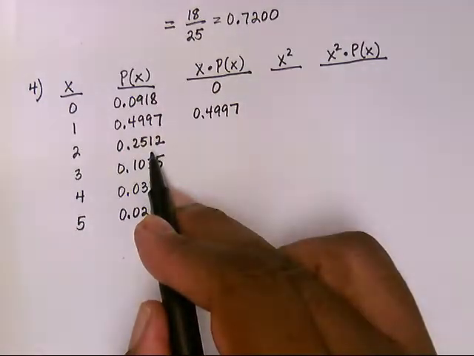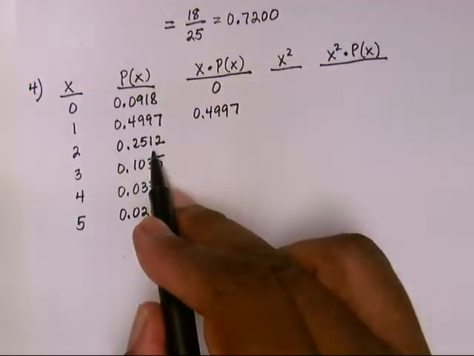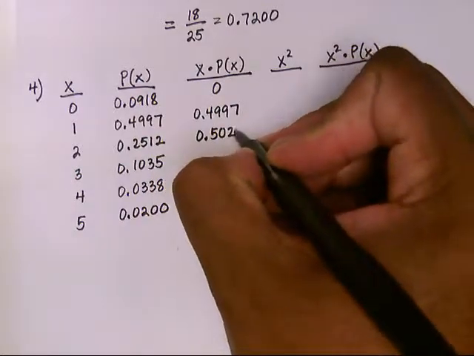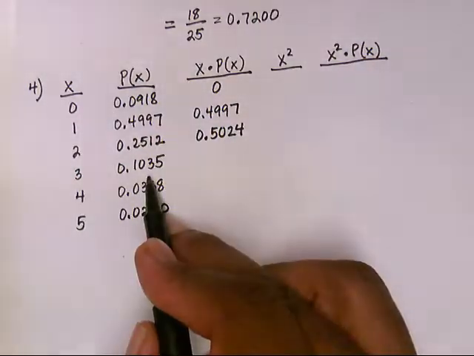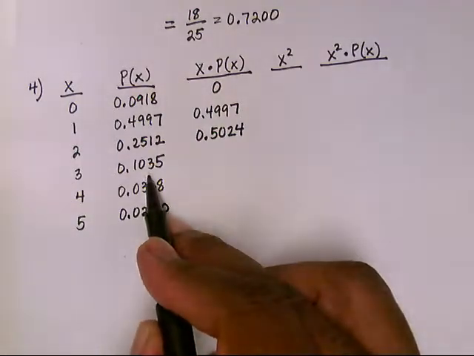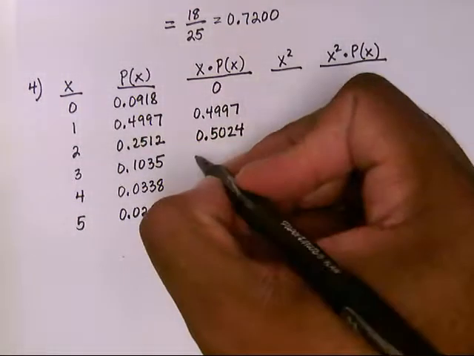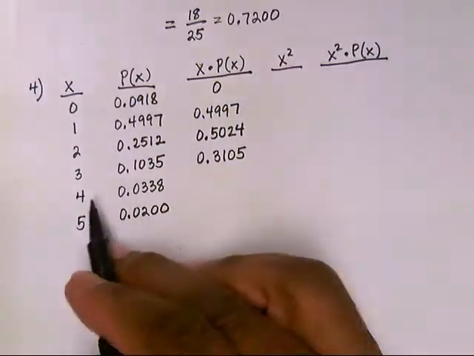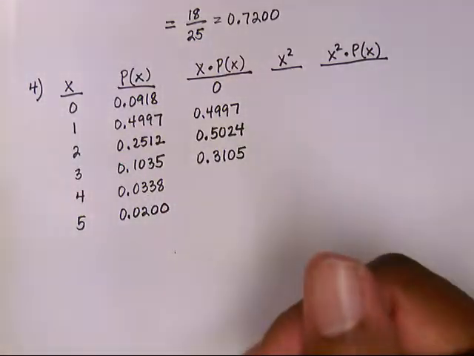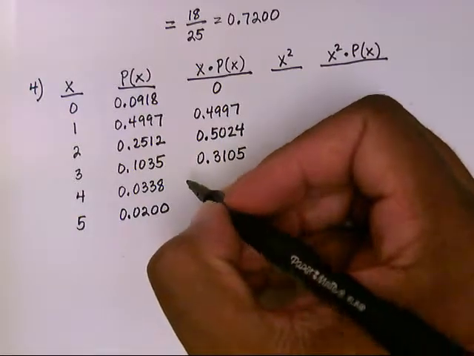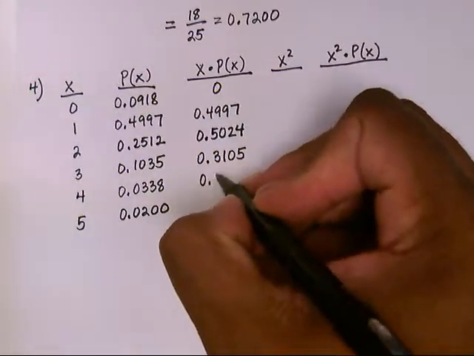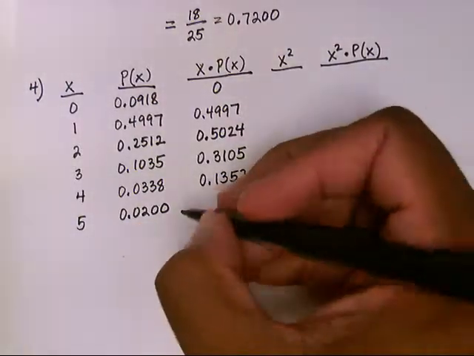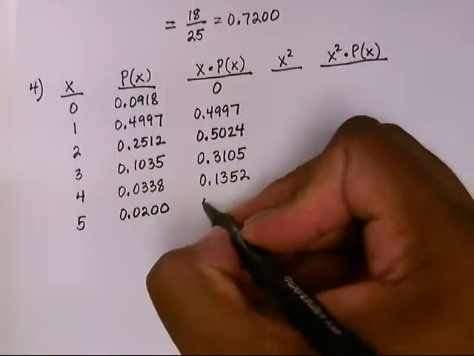And then 2 times 0.2512, that would be 0.5024. 3 times 0.1035 will be 0.3105. And then 4 times 0.0338 will be 0.1352. And 5 times 0.0200 will be 0.1.